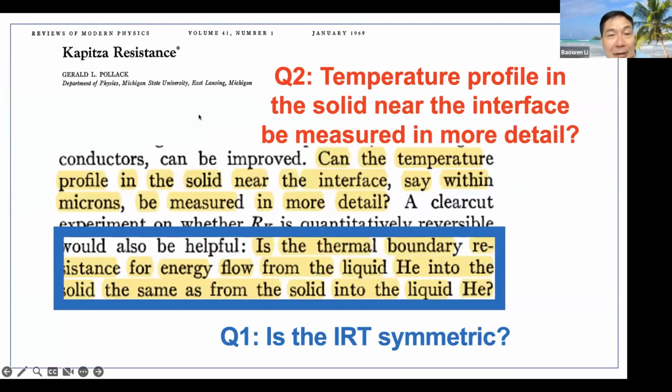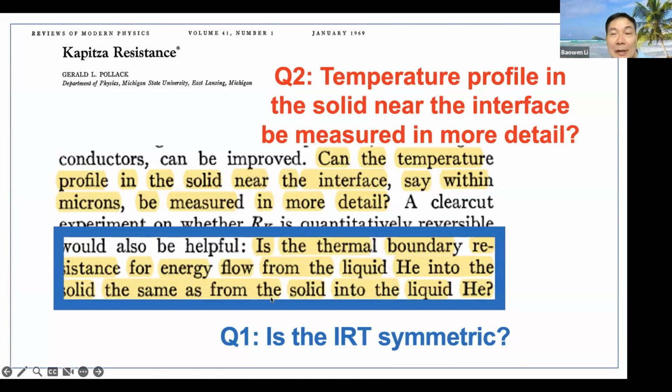So actually, in this paper in 1969, in Gerard Pollack's review of Kapitsa resistance, he asked two questions. The first one is: is the thermal boundary resistance for energy flow of liquid helium into the solid the same as that of solid into liquid? The second: can the phonon profile in the solid near the interface be measured in more detail?